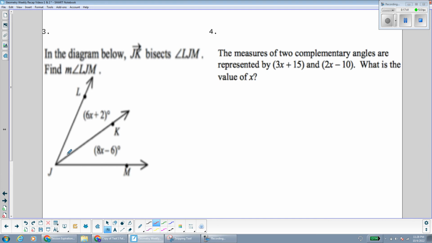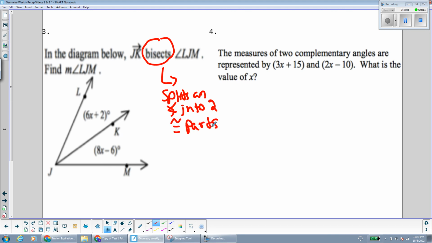In the diagram below, ray JK bisects angle LGM. Recall that an angle bisector splits an angle into two congruent parts. So since this angle is for sure being bisected, it's being split into two equal parts.